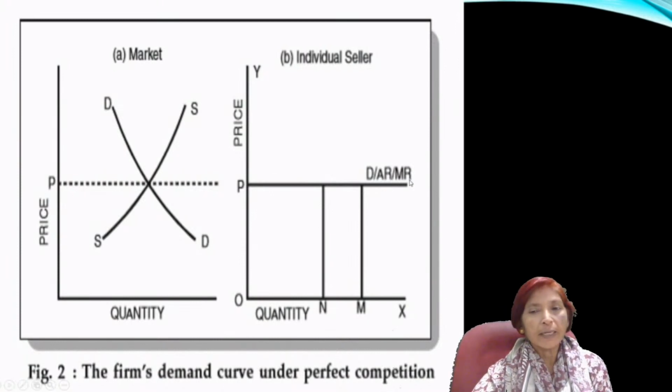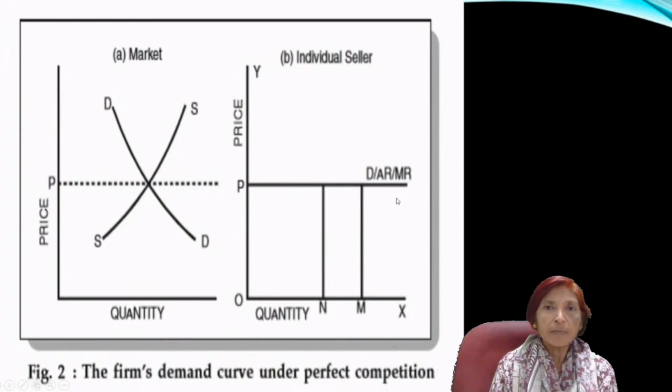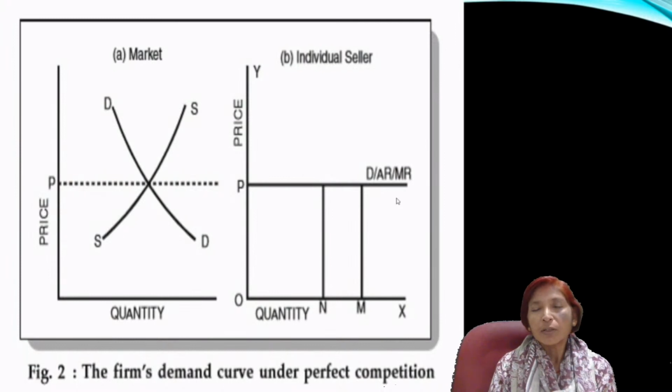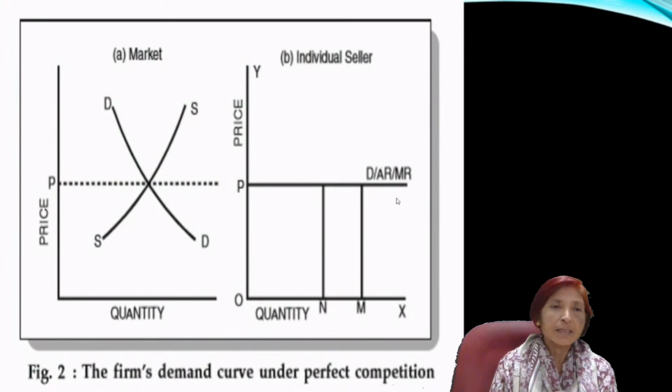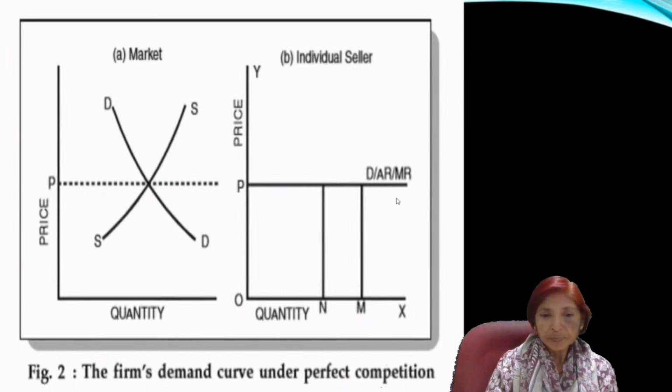And MR is the net addition or net change in total revenue. In a perfect competition market, AR and MR always remain equal and price remains uniform, the same. There is no difference in price because these firms are price takers, not makers, and price is decided by the intersection of the industry's demand curve and supply curve.